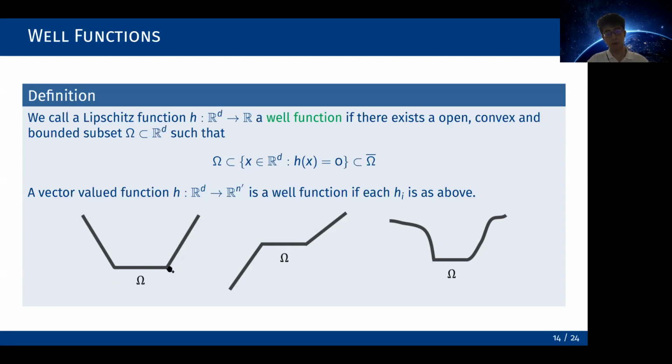This is the shape of a well, so we call it a well function. Of course, it doesn't have to be like this. It can be pointing in arbitrary directions or curved. All these are well functions. We can also generalize the concept of well functions to vector valued functions in an obvious way. So this is the first definition to keep in mind.